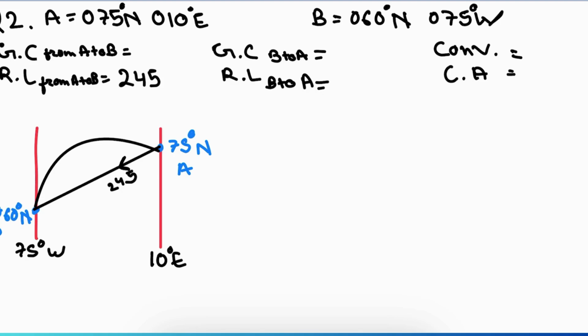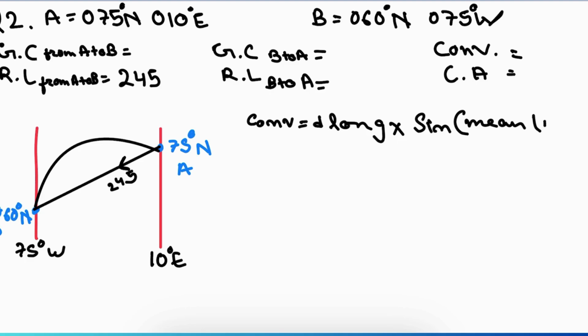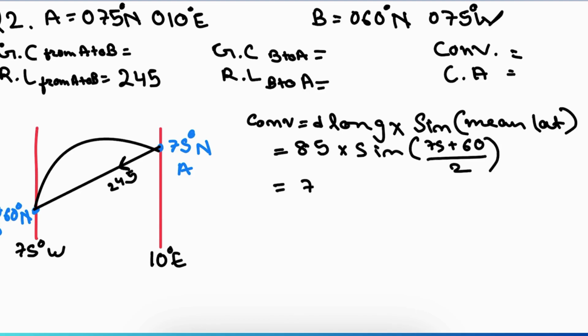Now let's find from the first formula the convergency, which is d long into sine mean lat. Here the d long is 85 and the mean latitude is 75 plus 60 by 2, which is 67.5. So 85 into sine of 67.5 is going to be 78.5.